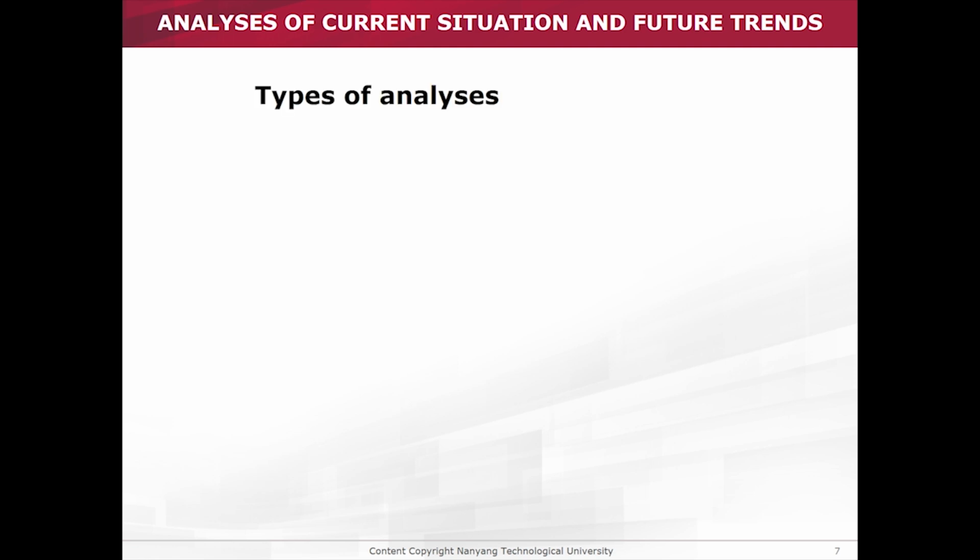Several types of analysis fall under this category. Industry and market analysis covers the industry profile, identifying major products and market segments. Industry growth rates for the entire industry and related goods. This includes projected growth rates for each market segment.